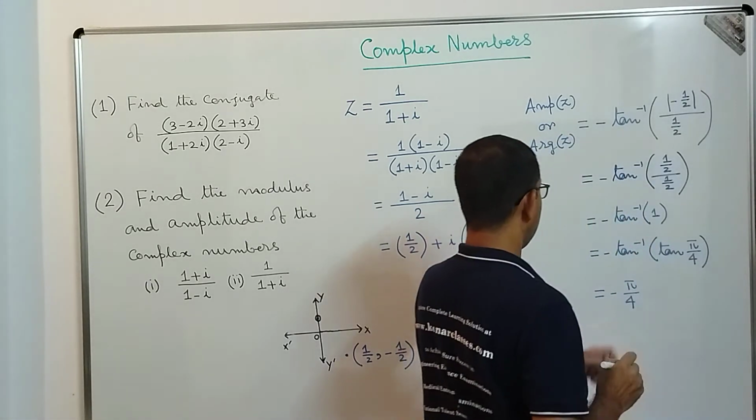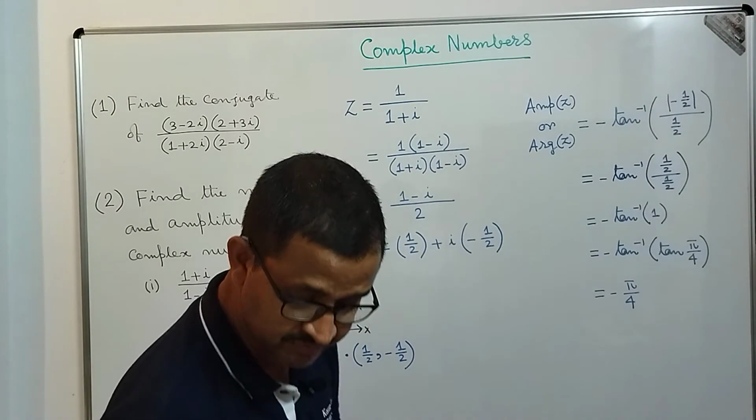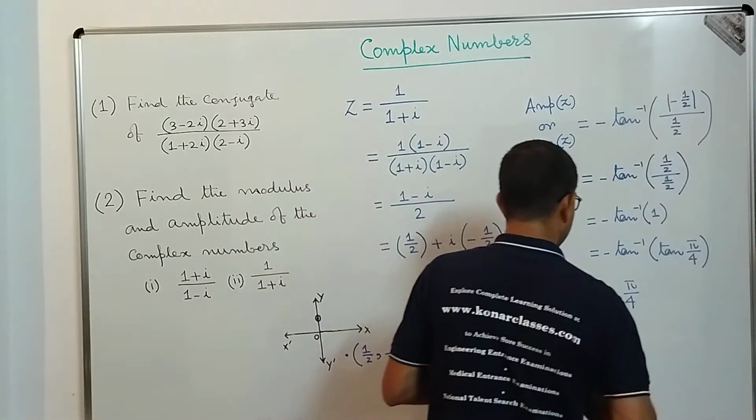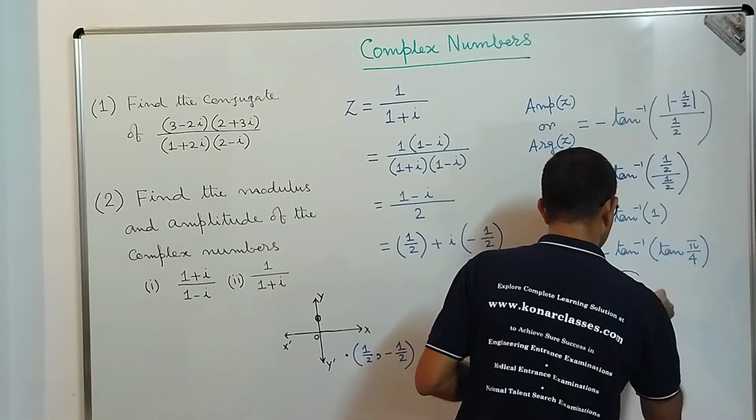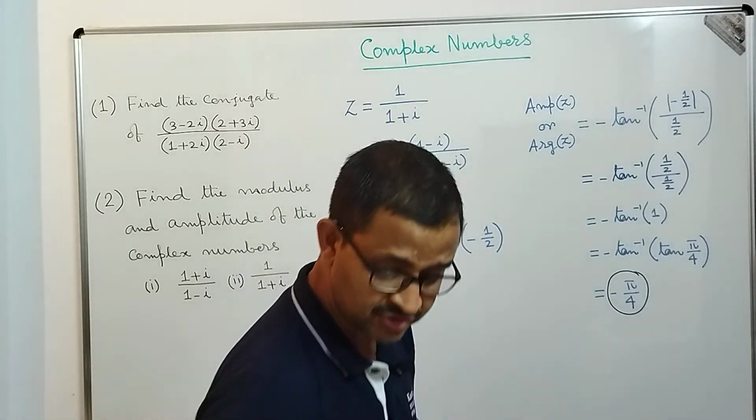That is the argument or amplitude of this complex number. Now we need to find the modulus of this complex number.